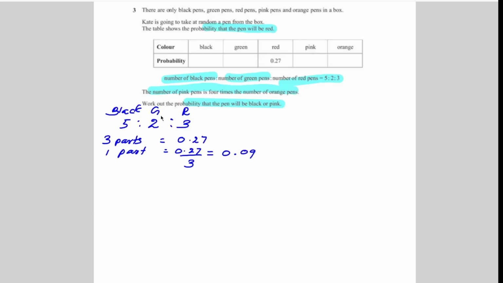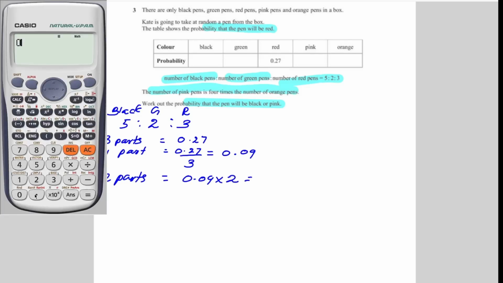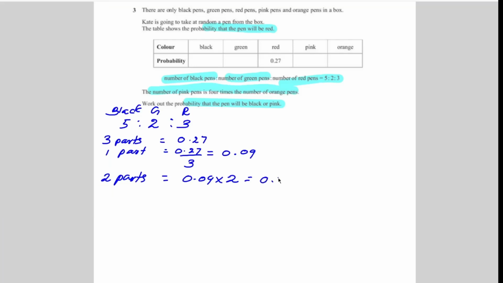So if you want to get the probability of green, green is represented by 2 parts. So 2 parts equals, if 1 part is represented by 0.09, then 2 parts is 0.09 multiplied by 2, which gives 0.18.